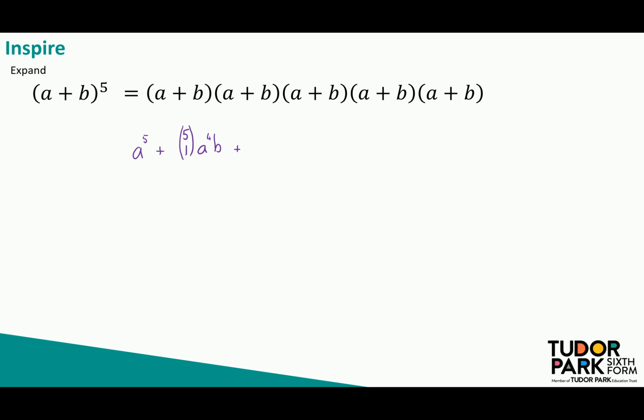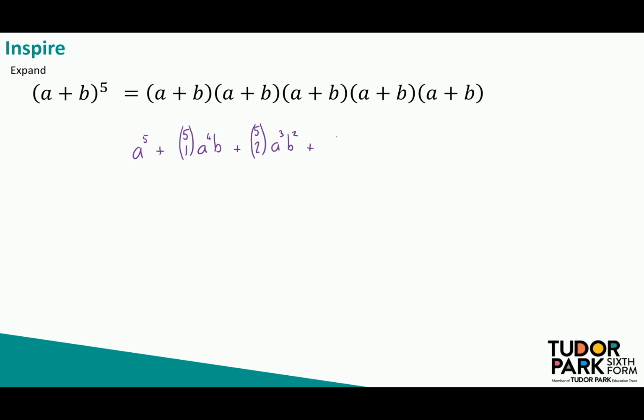In the same way that if I was looking to pick a 3 times and b twice, how many different ways can I do that? I've got 5 choose 2 ways of picking 2 b's from a set of 5.